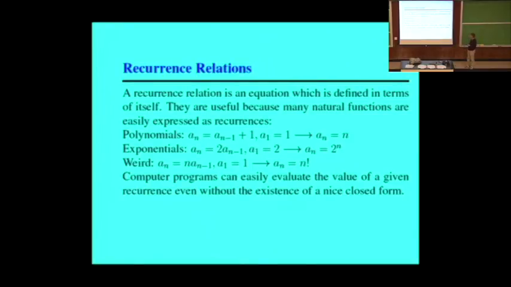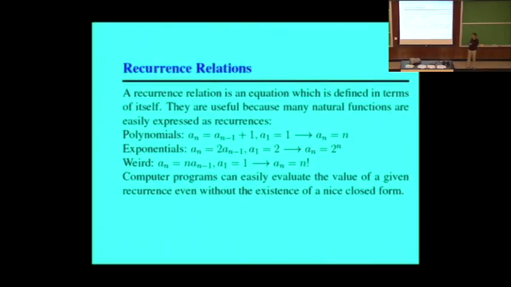What makes recurrence relations interesting for us? There are two things. One is that recurrence relations are an amazingly rich language for specifying functions. Any polynomial can be expressed as a recurrence relation. What is the function a_n equals a_{n-1} plus 1?